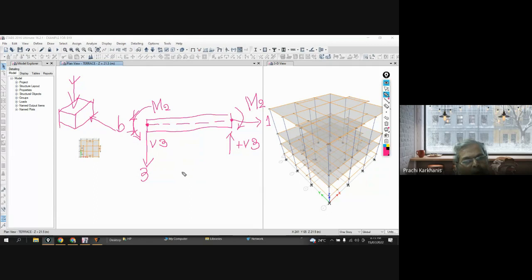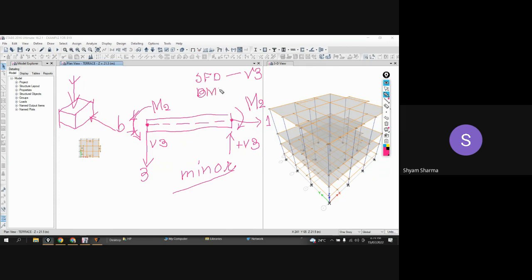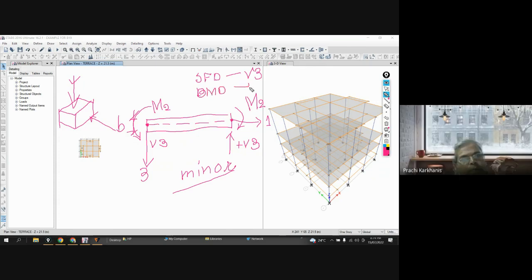So this is called minor axis moments. So in case of minor axis, if I want to see the SFD, then I will go for V3, and for the BMD, M2.